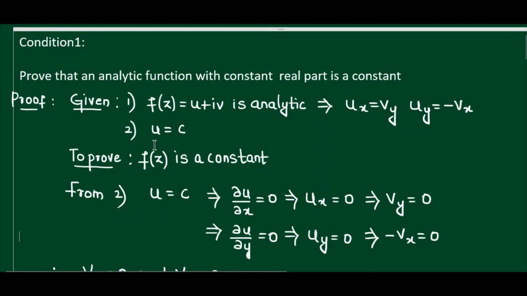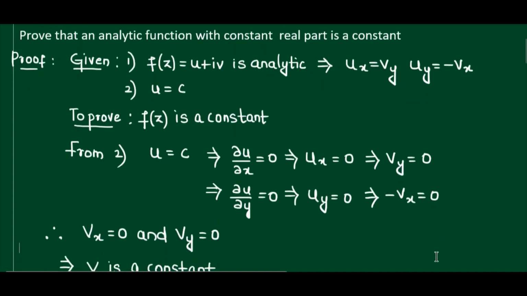Now from the second equation, u equal to c, differentiate this partially with respect to x, you get 0. Differentiate this partially with respect to y, you get 0. Therefore ux equal to 0, but you know ux and vy both are same, therefore vy is also 0. From this equation, uy equal to 0, but you know uy is same as minus vx, therefore minus vx equal to 0.